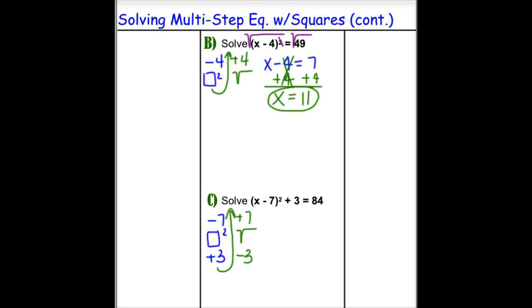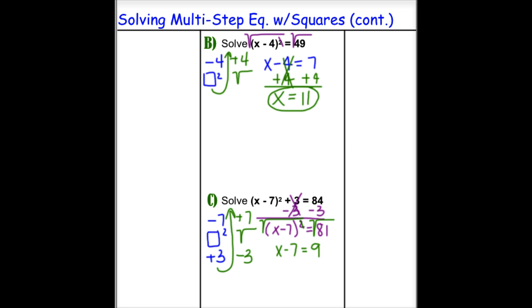Knowing that, I start by subtracting 3 from both sides, leaving me with x minus 7, the quantity squared, equals 84 minus 3, which is 81. Then I square root both sides, which cancels the squared, giving me x minus 7, and the square root of 81 is 9.